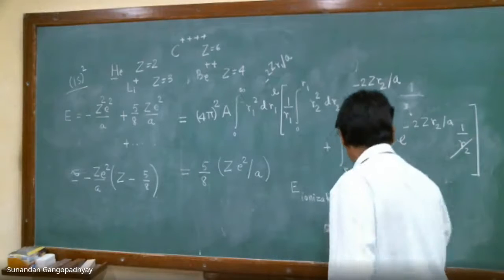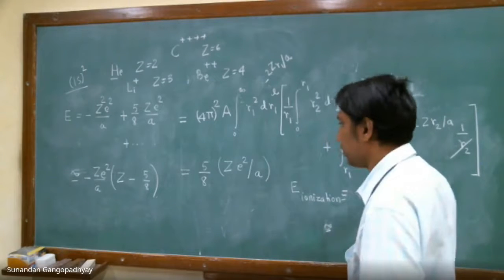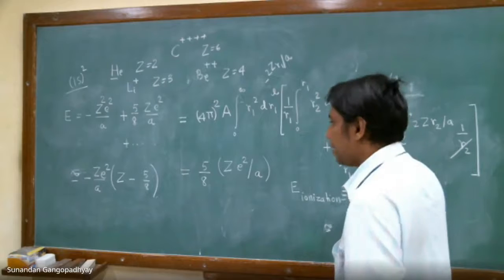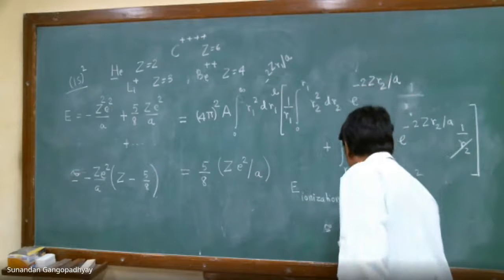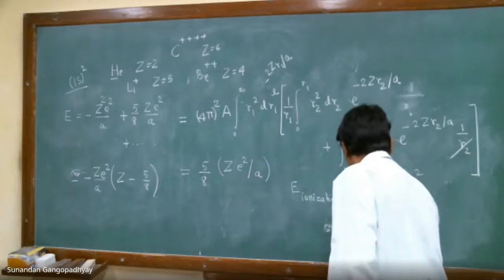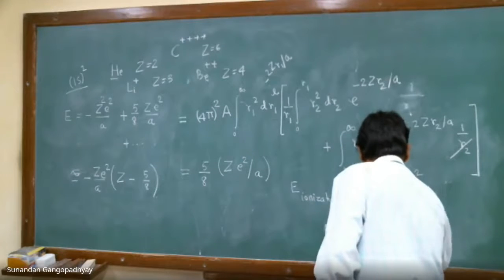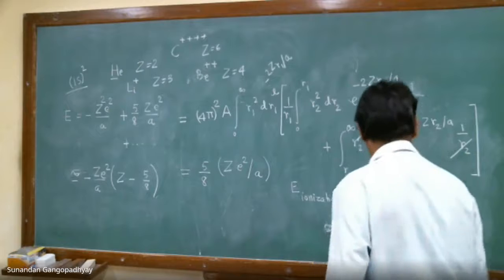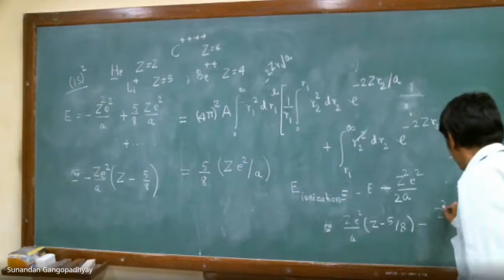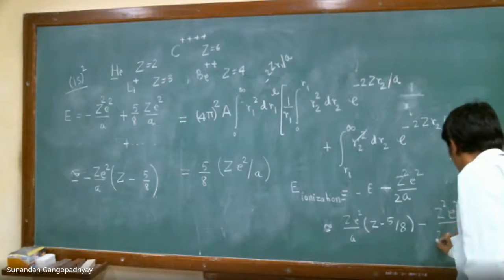So this is approximately, because this E is approximate. So minus of E will be Z e²/a times Z minus 5/8, and then minus Z²e²/2a.